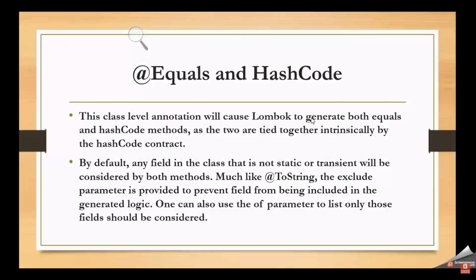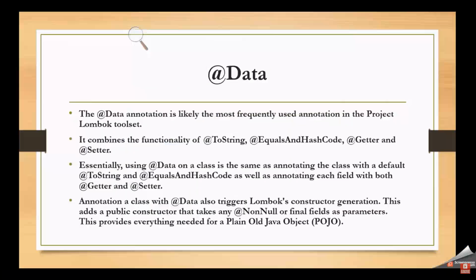So we have seen the equals and hashCode annotation for our model class. Similarly, we have seen @Data. The @Data annotation is likely the most frequently used annotation in the Project Lombok toolset, because most classes require setters, getters, equals, hashCode, toString methods, and default constructors. Instead of writing all those lines of code in our model classes, we can simply annotate our model with @Data, and it will add all the required methods.